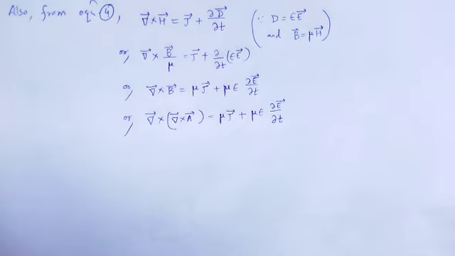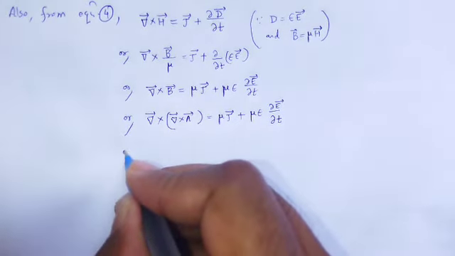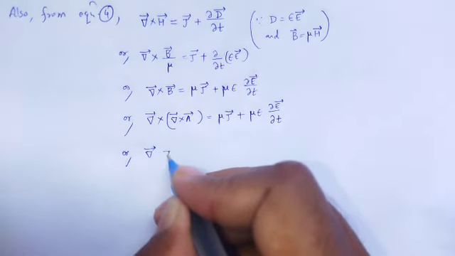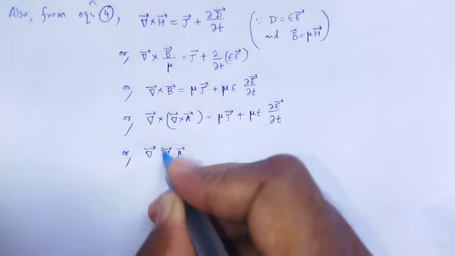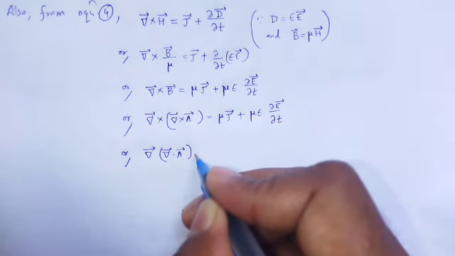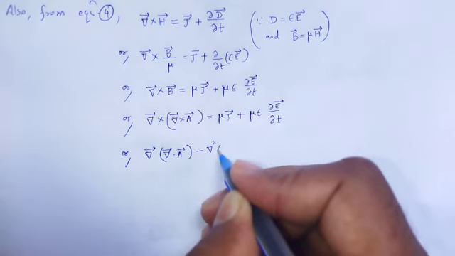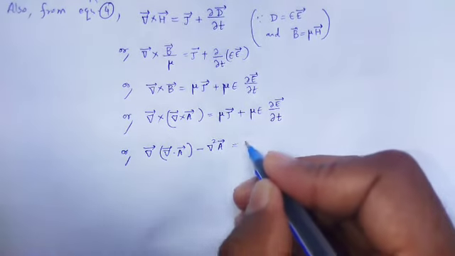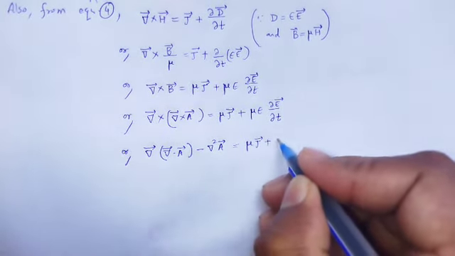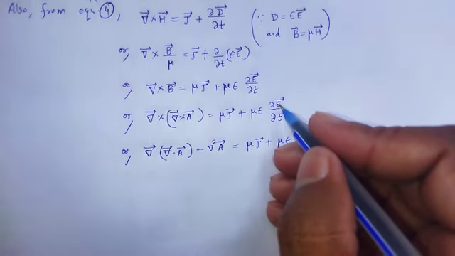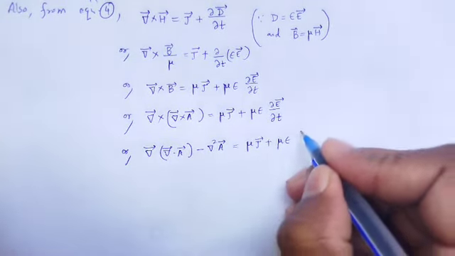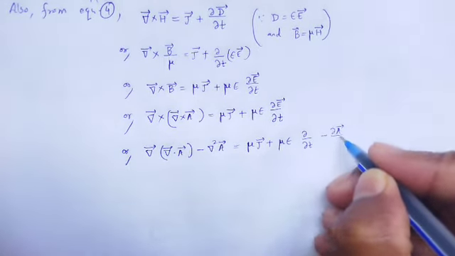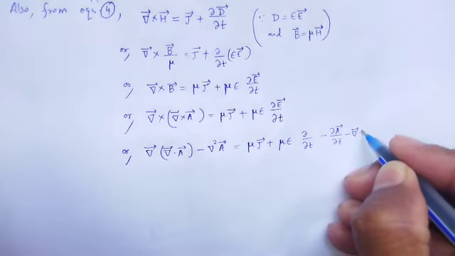Using the property of vector identity, it is grad grad dot A minus grad square A is equal to mu J plus mu epsilon, in place of E, that is del by del t of minus del A by del t minus grad phi.